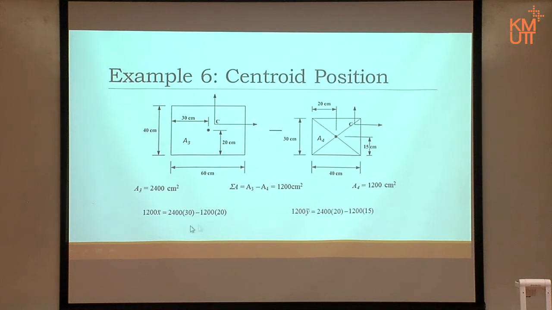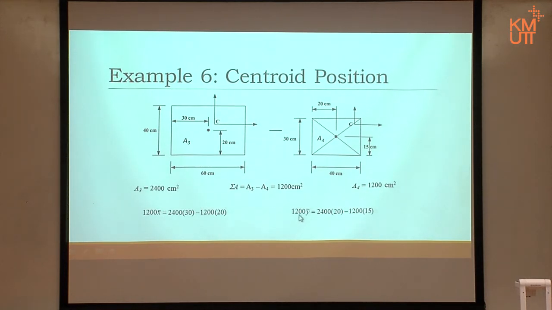So x bar, rather than positive this time, by concept we have minus. Therefore, area A3 times 30 is that term, and then minus area A4 times 20, that term.